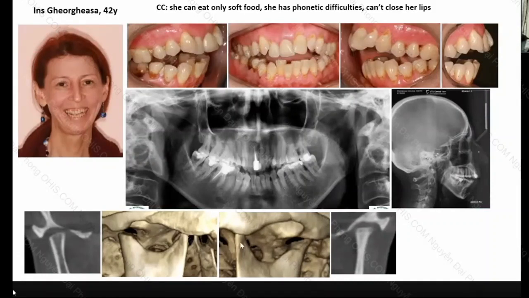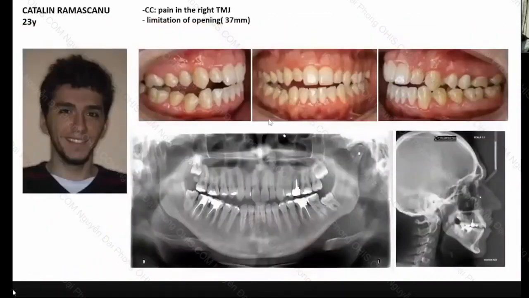The joint, flattening and resorption. This kind of problem. Well, this is also the same. Still the third molar is not fully erupted, but already anterior open bite, this kind of problem. And this is also the same.